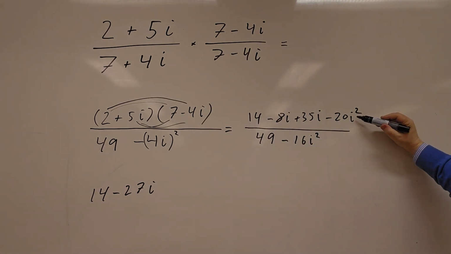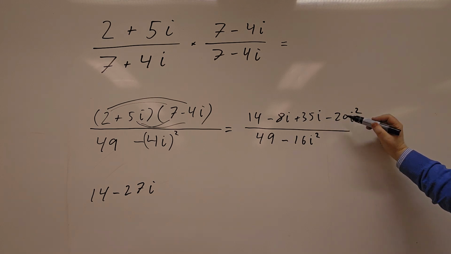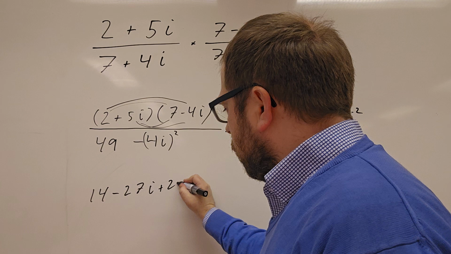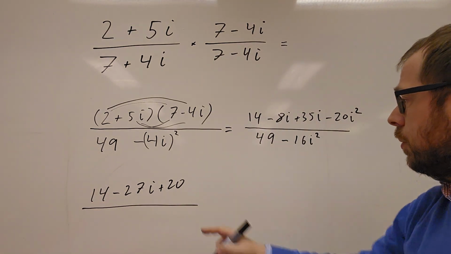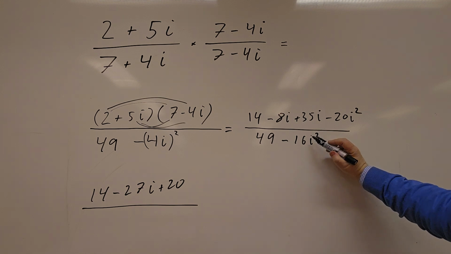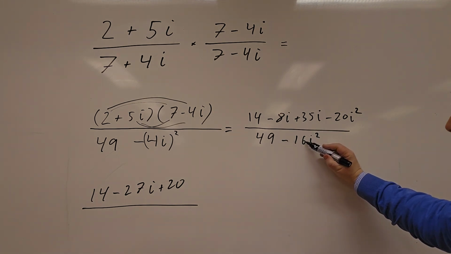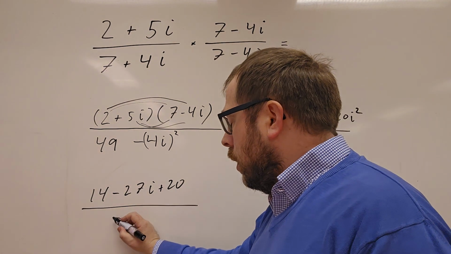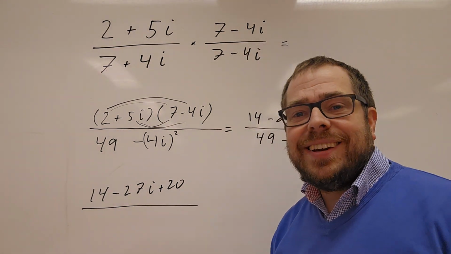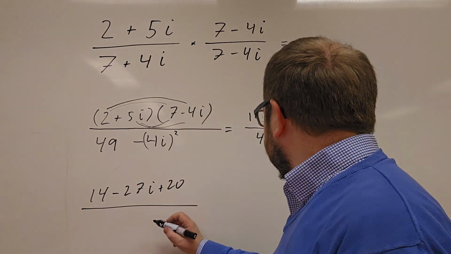Well, i squared is negative 1, so minus 20 times negative 1 is plus 20, and note that it's the real number 20. Here, i squared is negative 1, so it says minus negative 16, so 49 plus 16. I should do that quicker, that's 65, isn't it? 65, yes.